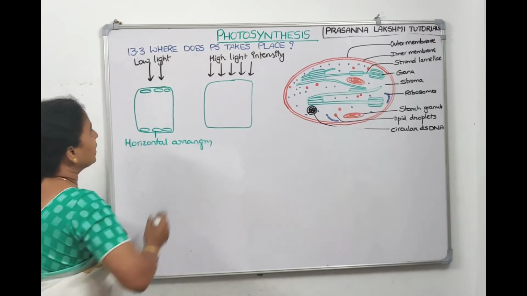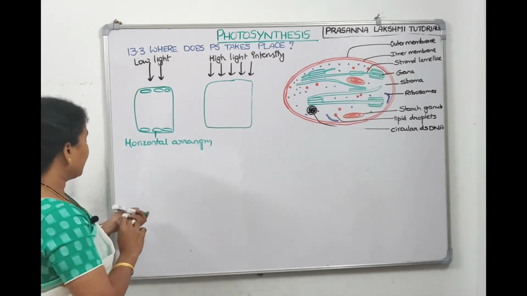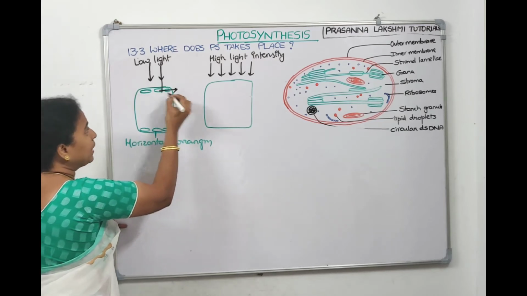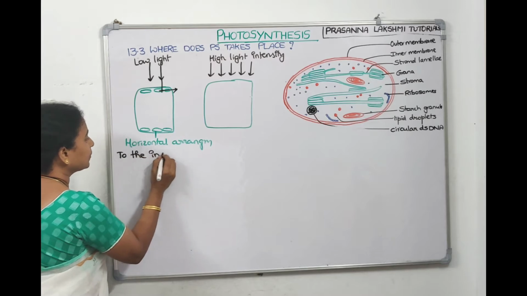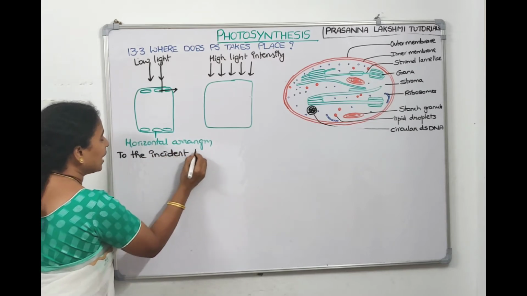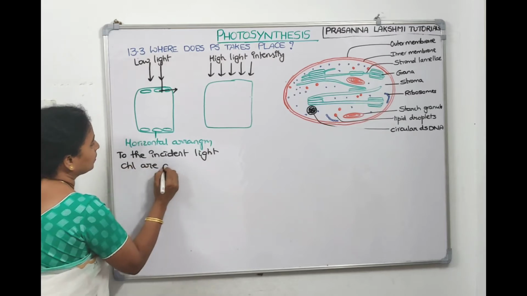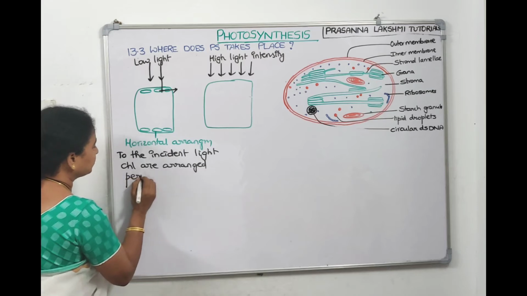They show horizontal arrangement, and to the incident light they are perpendicular. See, this is the incident light. To the incident light, chloroplasts are arranged perpendicular.